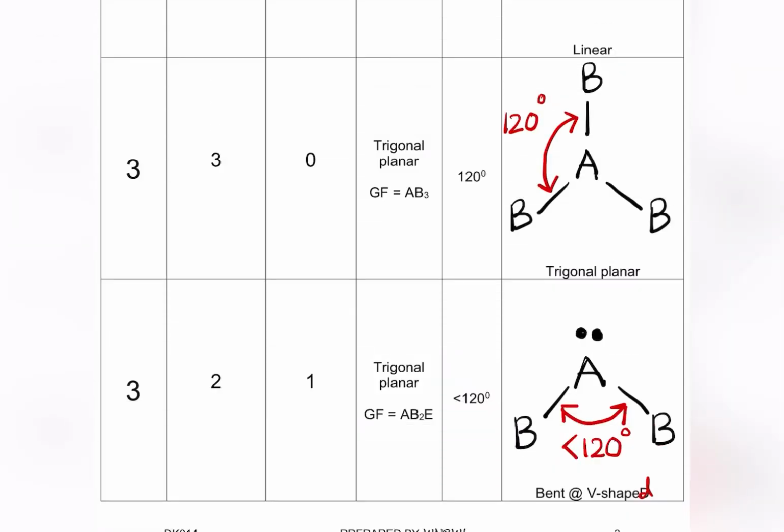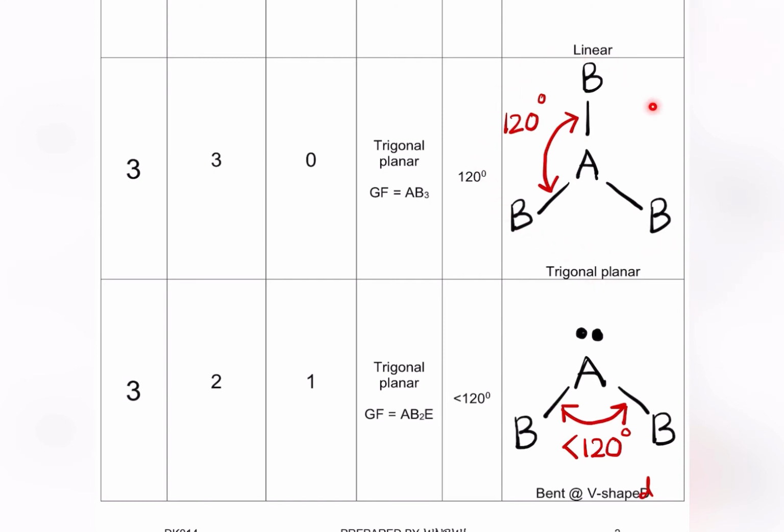If you refer here at page 3, awak ada total electron pairs adalah 3, bonding pairs adalah 3, lone pair adalah 0, general formula adalah AB3. Our basic shape adalah trigonal planar. Dan molecular geometry is going to stay the same, trigonal planar.